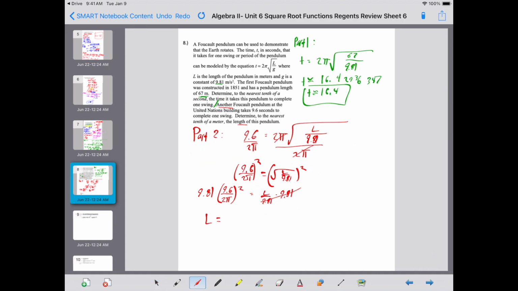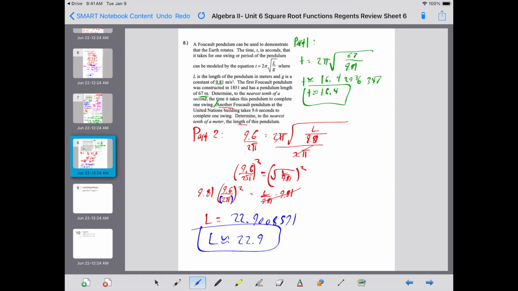L equals 9.81 times 9.6 divided by 2 pi. Make sure you put parentheses around your whole denominator. Squared. You end up getting 22.9008571, nearest tenth of a meter, so L is approximately 22.9 meters.